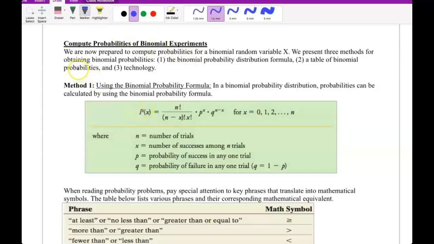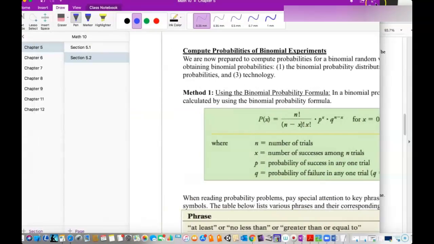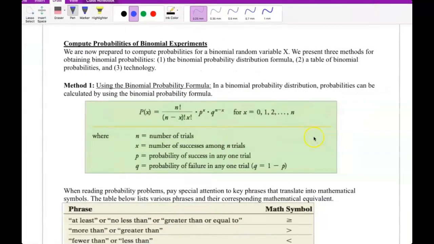Okay, now on this part, we want to compute the probabilities of a binomial experiment.